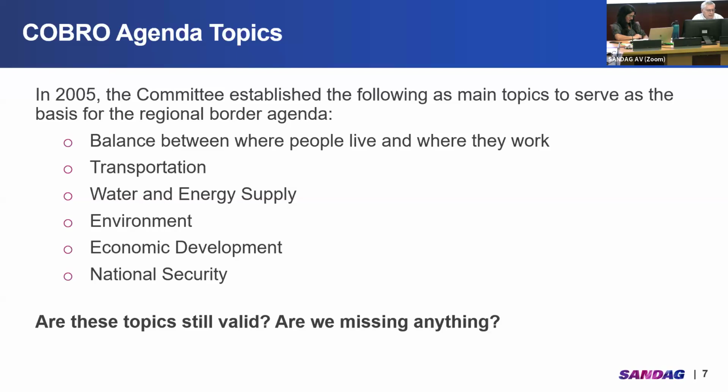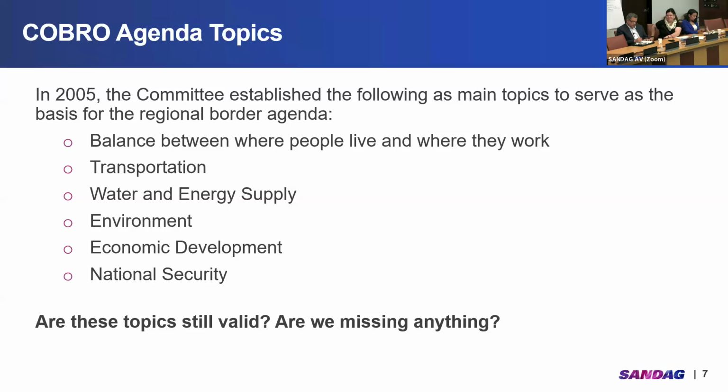That's been a major source of concern of COBRO members: the difficulty of ordinary people to get around and cross the border. When people are walking, I don't know if that's mobility or transportation, just to make sure in translation. Yeah, I think it's included.